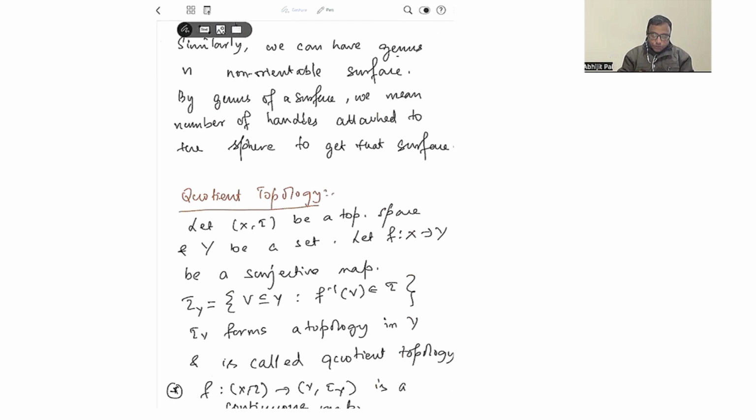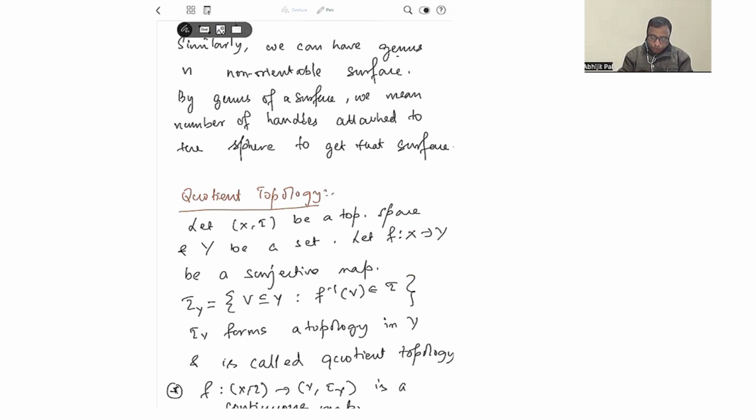For that, we should know the definition of quotient topology. So what do we mean by quotient topology? Let X be a topological space and Y be a set, and let us take a surjective map F from X to Y. On Y, you want to define a topology such that F is continuous.